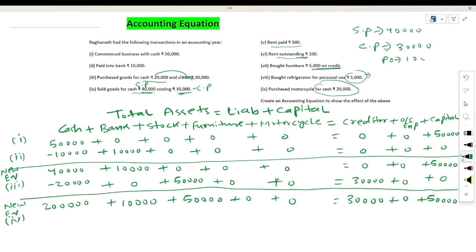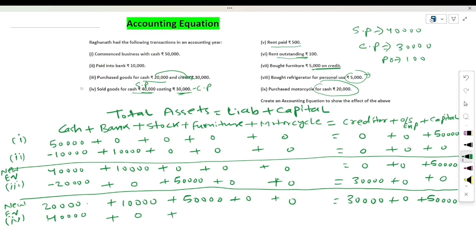How much? 10,000 profit. Here the cash value will be increased by 40,000 because you are selling goods for 40,000, plus bank balance 0, plus stock.